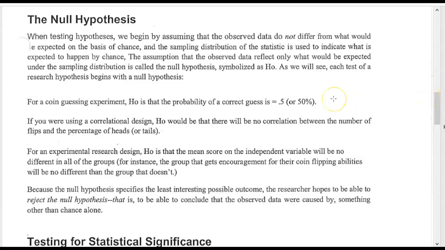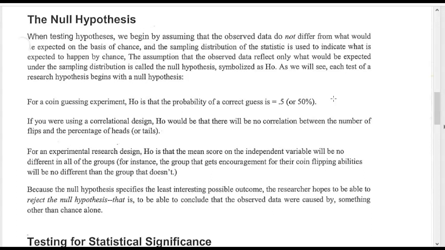By the way, with a hypothesis, we usually state it in the future tense. We have not yet done the research, so the null hypothesis says there will be no significant difference between two variables before and after something occurs. There will be no significant correlation if that's what your study is about. So that is what you are testing.